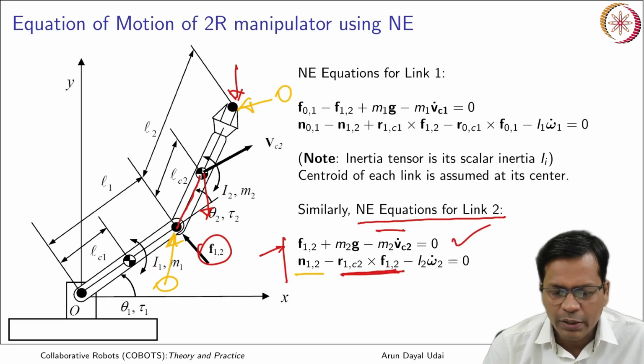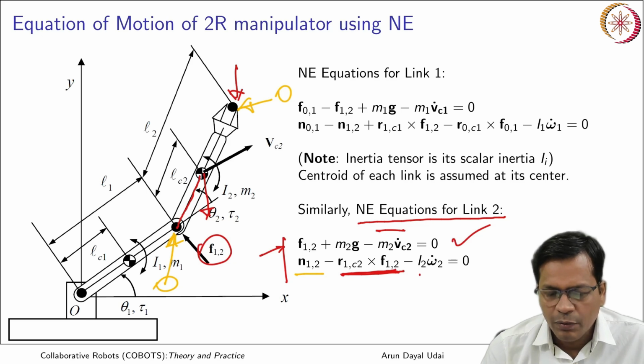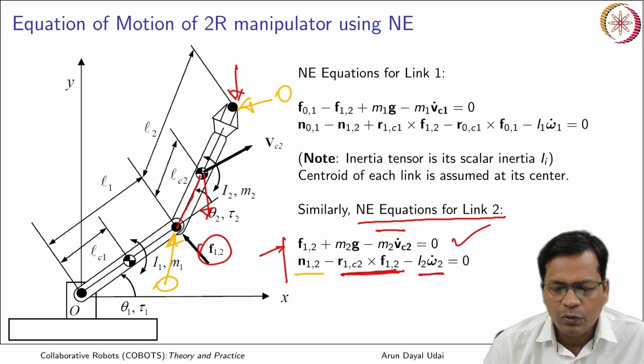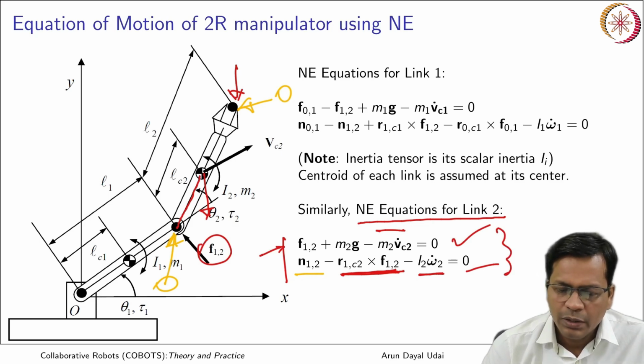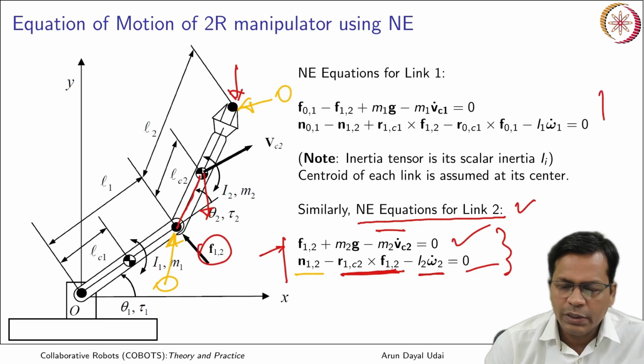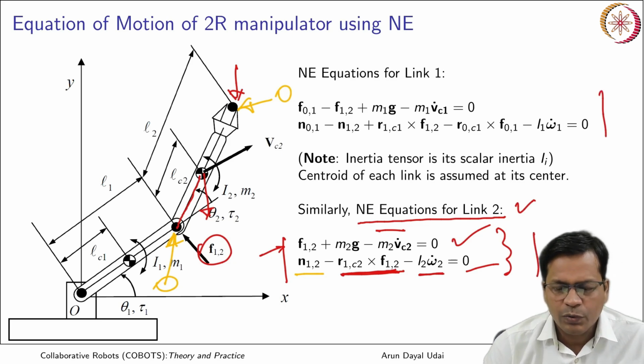There is no other moment, which should create moment of inertia into omega 2 dot, that is angular acceleration. That should now equate to 0. So, this is the pair of equations for link 2. Using these two, we will try to move ahead and extract the unknowns.